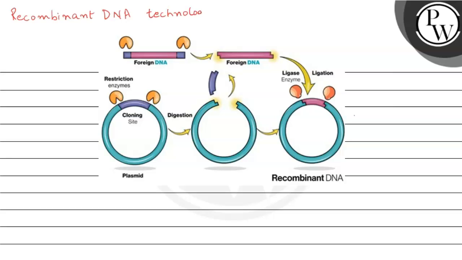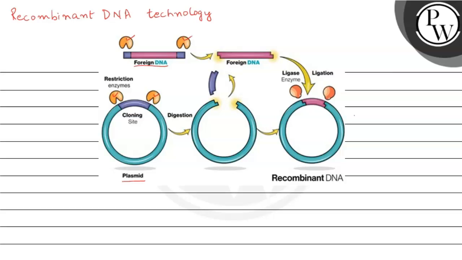The diagram given below represents the very basic steps of recombinant DNA technology and the use of restriction enzymes in it. So these are the restriction enzymes. They can cleave the DNA at specific sites, and this is the plasmid and this is the foreign DNA or the gene of interest that we want to insert into the plasmid.